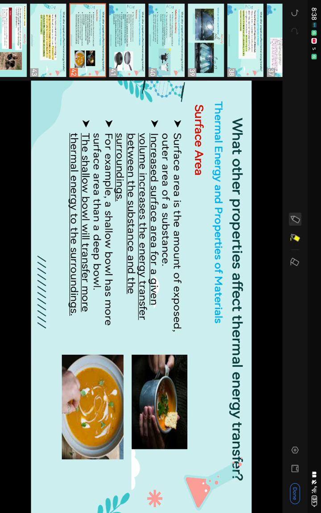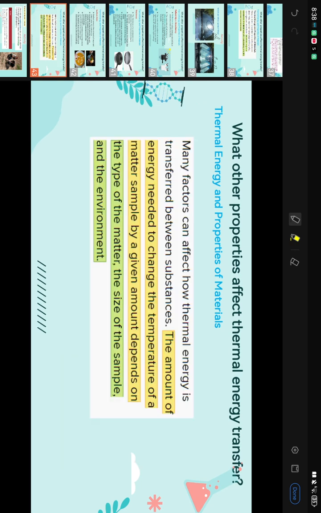For example, a shallow pool has more surface area than a deep one, so it will transfer more thermal energy to the surroundings. So the amount of energy needed to change the temperature of a matter sample by a given amount depends on first, the type of matter, the size of the sample, and the environment.